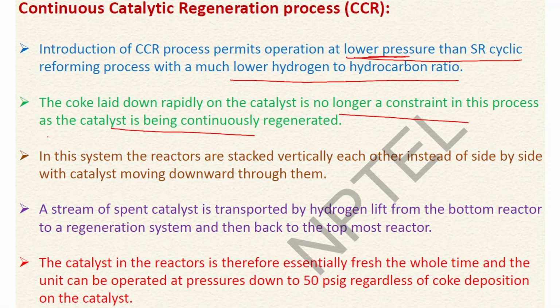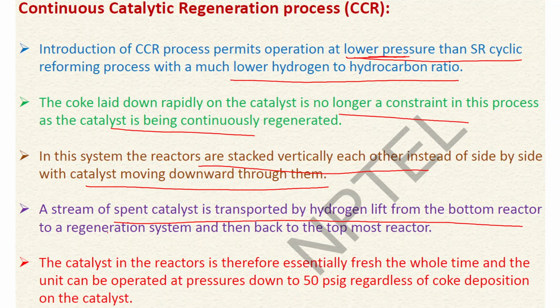In the last procedure, the SR unit, the reactors were placed in series order, whereas in this case the reactors are stacked vertically one upon another instead of side by side, with catalyst moving downwards through them. All the reactors are kept one above the other, and the catalyst keeps moving from top to bottom. A stream of spent catalyst is transported by hydrogen lift from the bottom reactor to a regenerator system, and then back after regeneration.